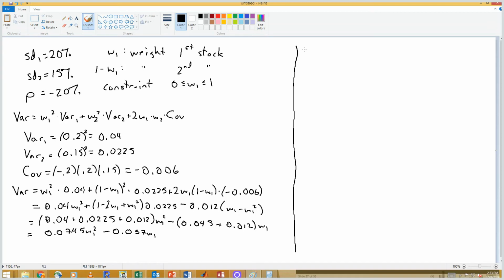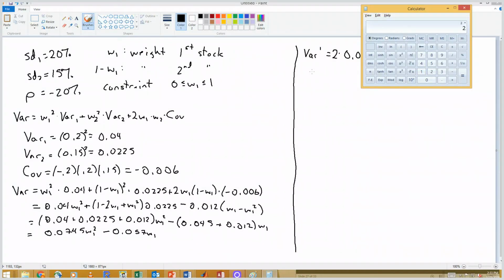So we take the derivative of variance, and that would be 2 times 0.0745 times W1 minus 0.057. We check, make sure that's defined everywhere, which it is, and we multiply that out.